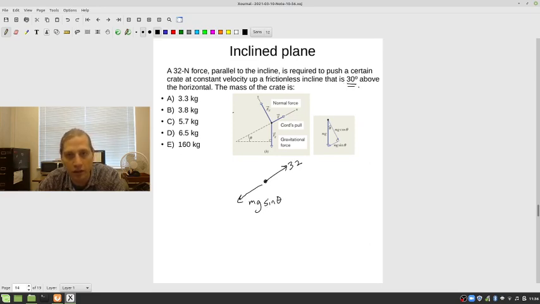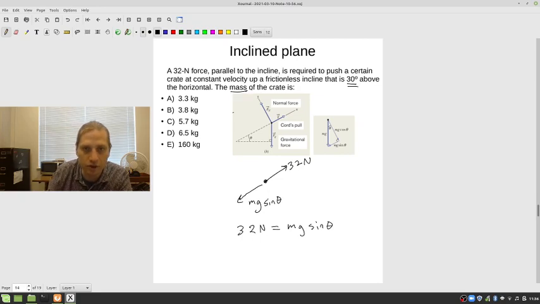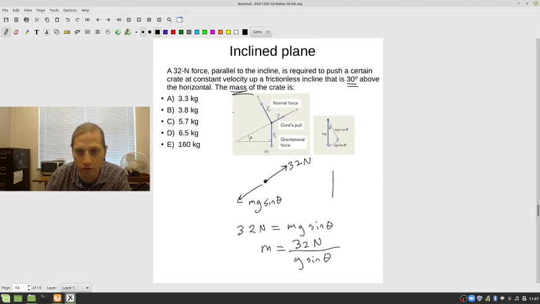We're given that the angle is 30 degrees. This angle is the same as that angle. And so what you have here is that 32 newtons equals mg sine theta. They're asking for the mass of the crate. So m is going to be 32 newtons divided by g sine theta. And you know your triangles.